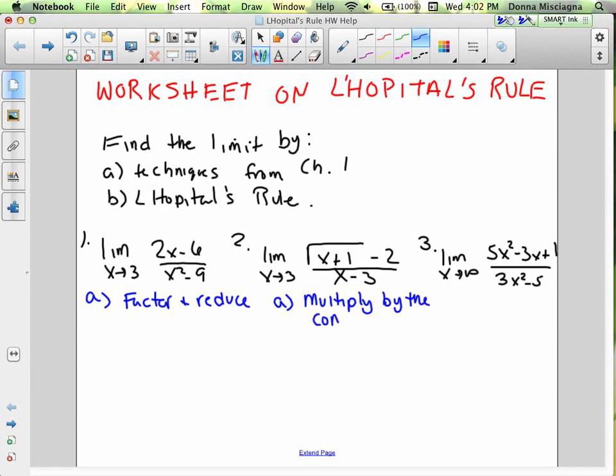Remember, the conjugate is the exact same thing, square root of x plus 1, but it's going to be a plus 2 instead of a minus 2. Then the middle drops out, and you'll have something that you can reduce. So after you multiply by the conjugate, you'll simplify and reduce.